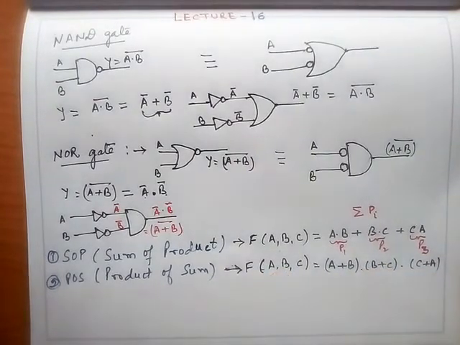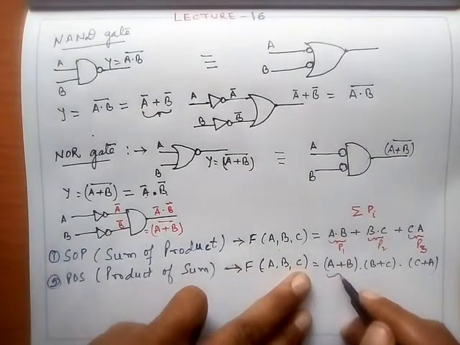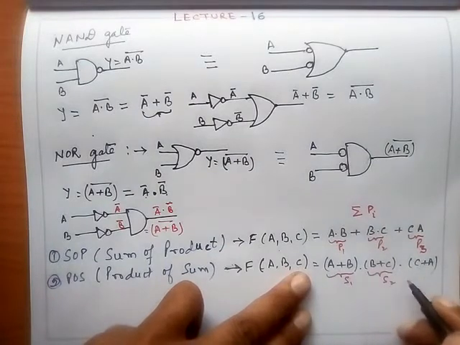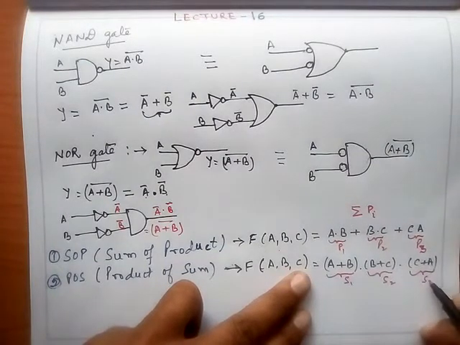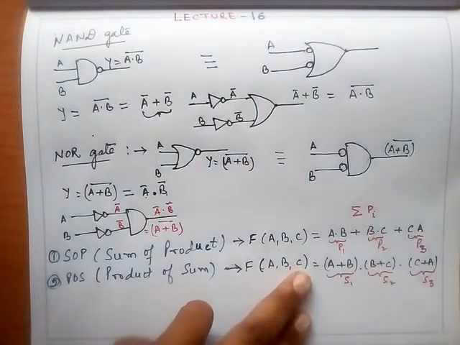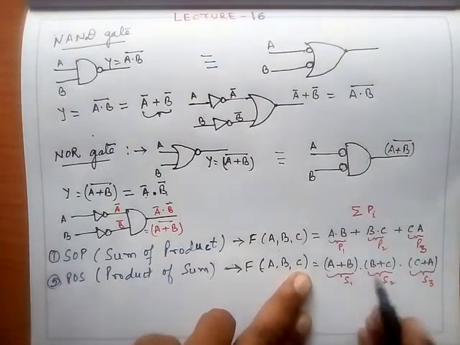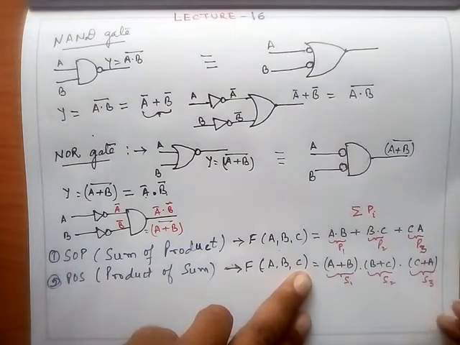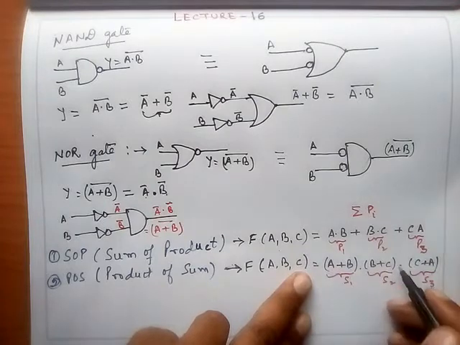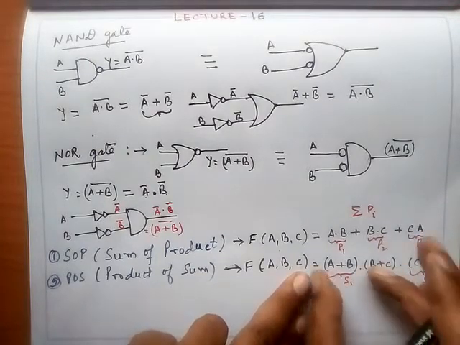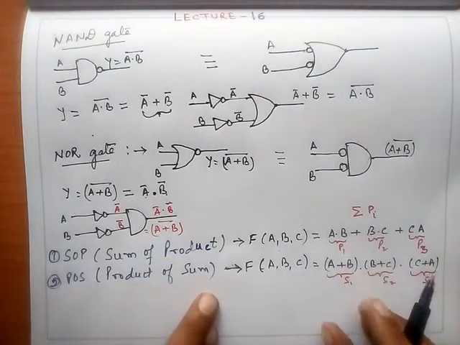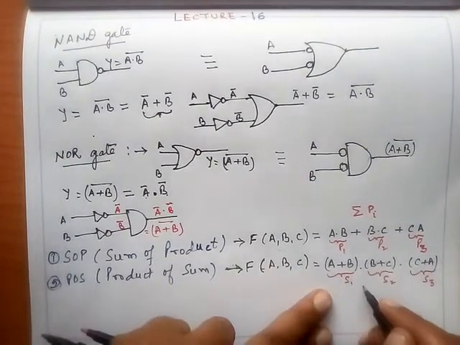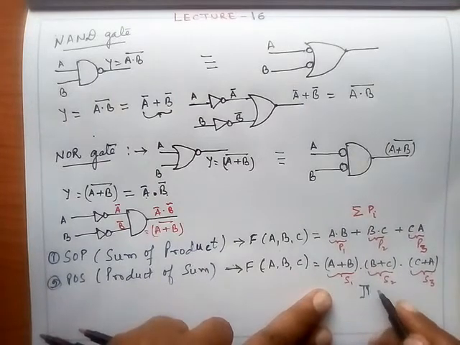Suppose I name these S1, S2, and S3. These are the three sums, or there can be any number of sums, or they can be in the complemented form, somewhere you can have a bar, c bar here. But the point is that you have a sum here, another sum, and the product of these individual sums is called the product of sum. That is, it is represented by pi, a product of certain sums Si.